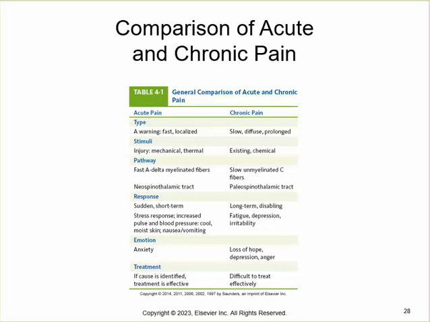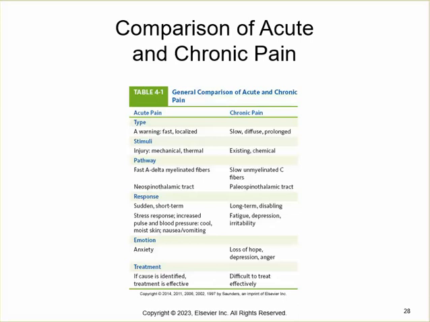Short term, sudden, you get sympathetic and adrenal cortex things. If you can remove the cause, you can intervene. Treatment is very effective. Block the production of prostaglandins and things like that. It really helps.